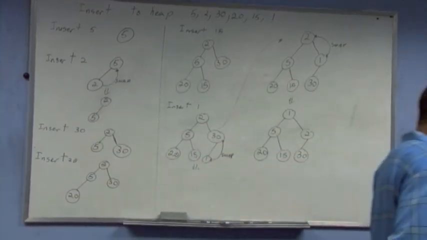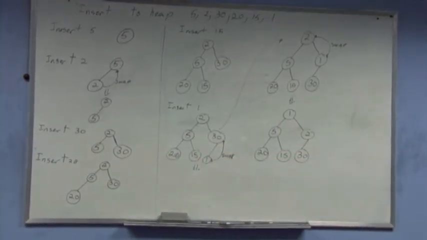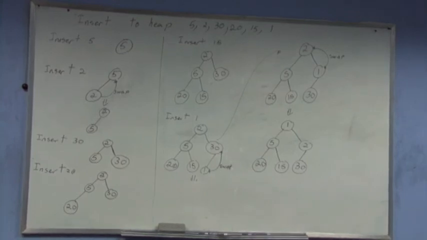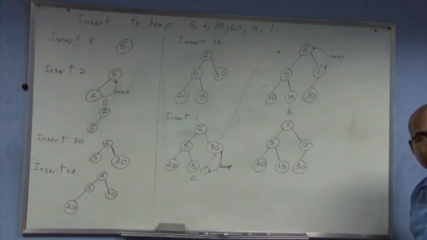Now, a couple of things that we can take away from this. If we have n items, we know that the height is log to the base 2 of n, because the tree will remain balanced. So, how many swaps would we have to do to fix the heap? 3.